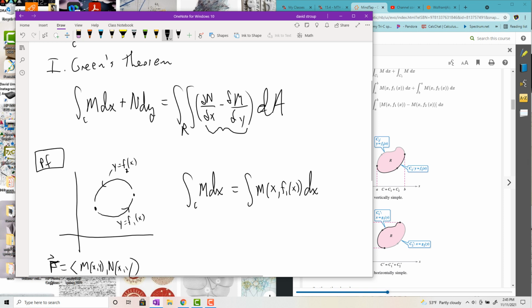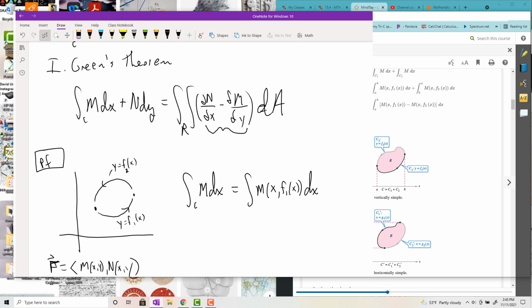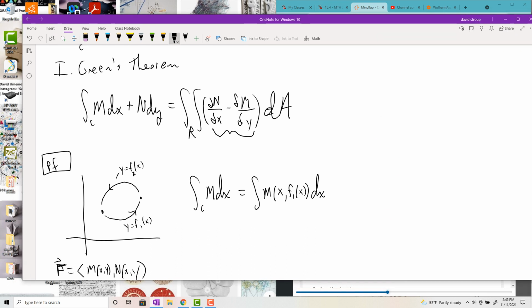So let's make this represent the entire curve. This bottom one is C1 and the top one is C2. So that would be the integral over C1, plus the integral over C2 of M of x comma f2 of x dx.